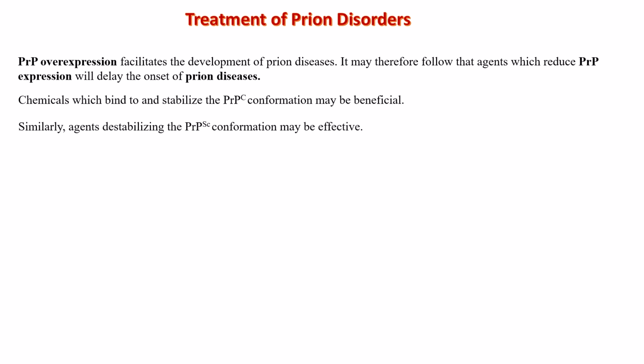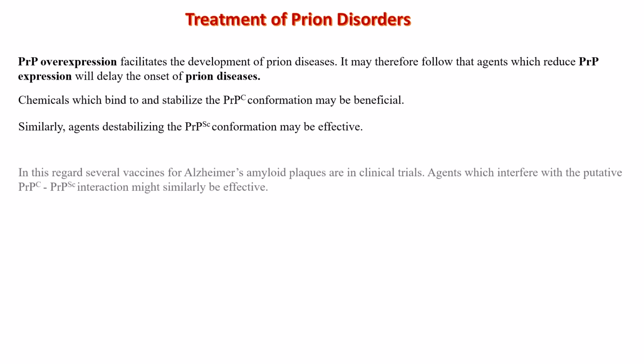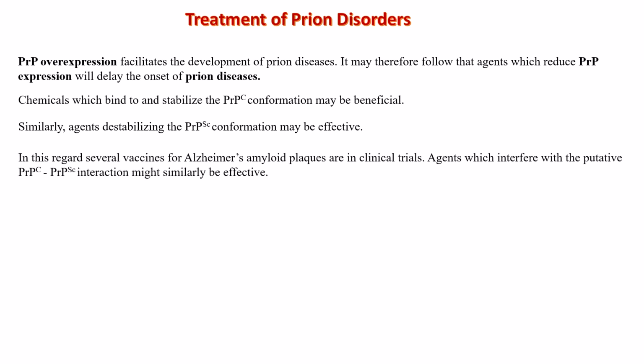Similarly, agents destabilizing the PrP-Sc conformation may be effective. In this regard, several vaccines to Alzheimer's amyloid plaques are in clinical trials. Agents which interfere with the putative PrP-C to PrP-Sc interaction might similarly be effective.